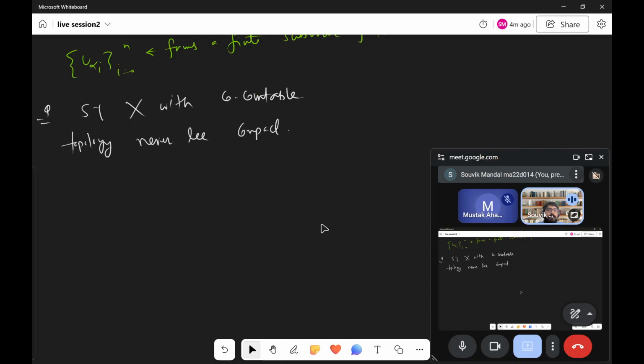So that means you need to come up with an open cover which does not have a finite subcover. So yeah, this is the trick. Please try to think and let me know the arguments. Okay, take your time.